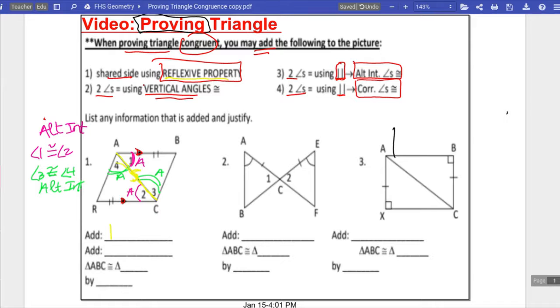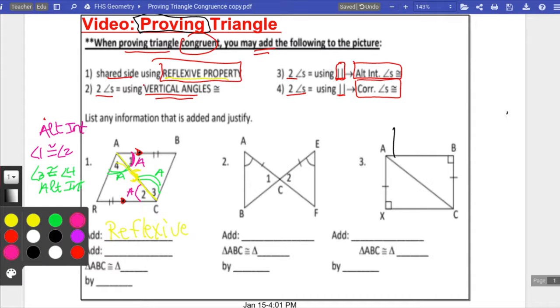All right, let's fill in this blank real fast. So I added a reflexive. I also added those angles. Angle 1 was congruent to angle 2. I also added that angle 3 was congruent to angle 4. Therefore, I can say that triangle ABC has to be congruent.